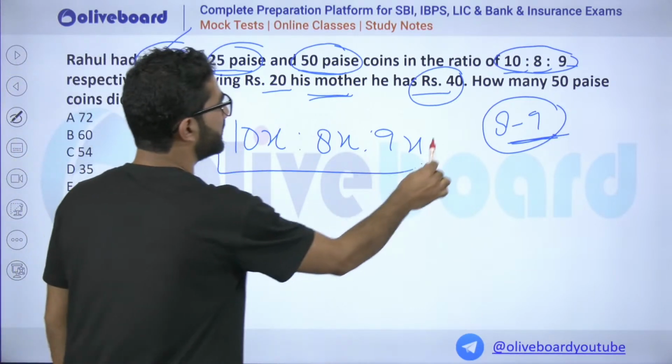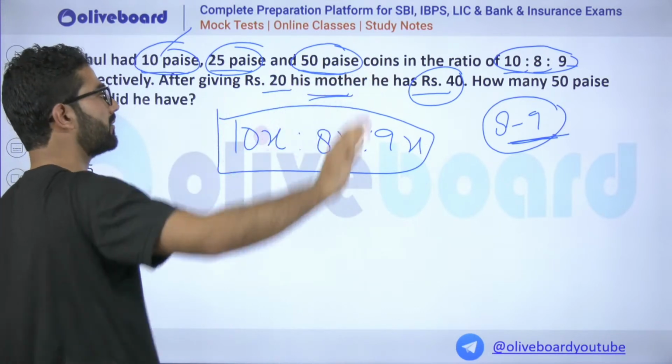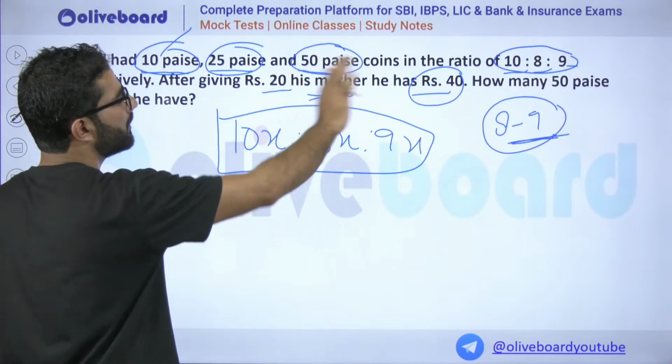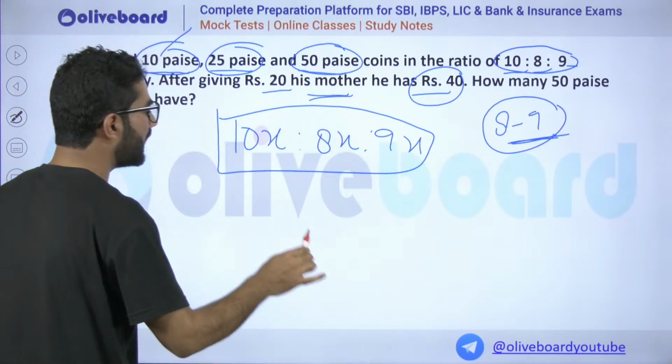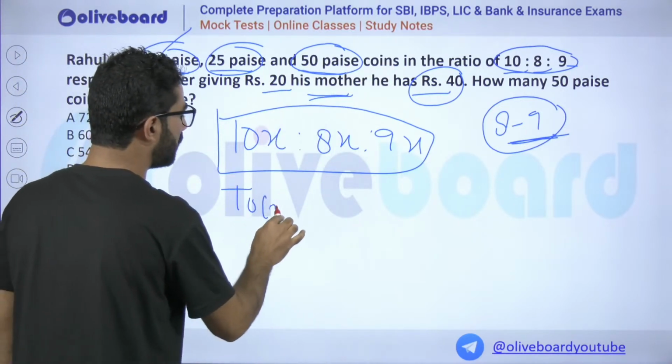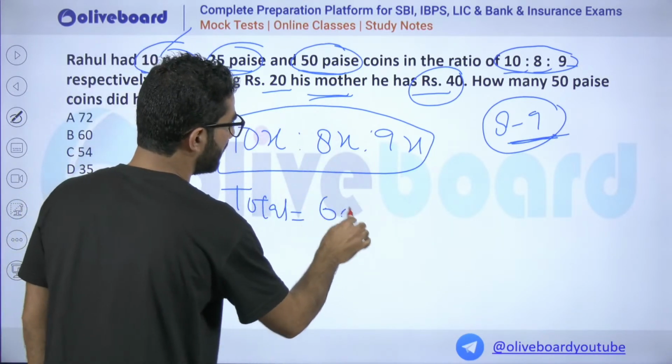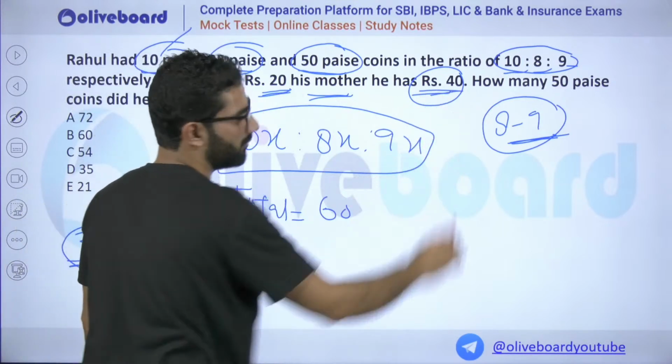This is the ratio of the total number of coins. But after giving 20 rupees, he has 40. So can I assume that the total value of money Rahul had was 60? 20 rupees and 40 rupees.